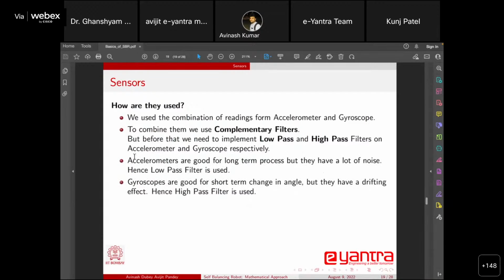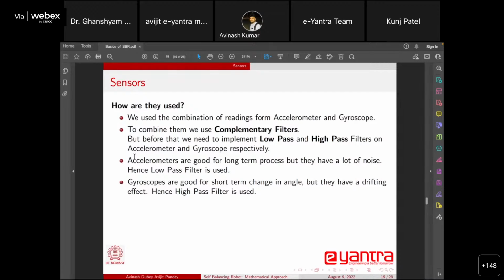The accelerometer is a device which gives us the linear acceleration data. So if the bot is tilting, the acceleration due to gravity on a particular axis will change. And the gyroscope gives us the angular velocity. Okay, so what happens in reality? These sensors are not noise free. Nothing is noise free in reality.